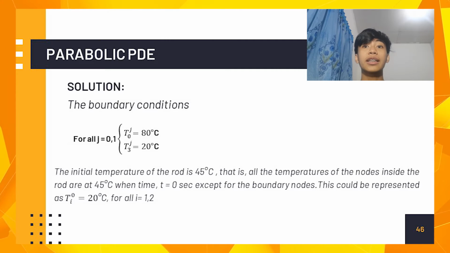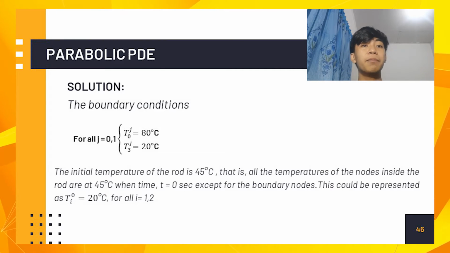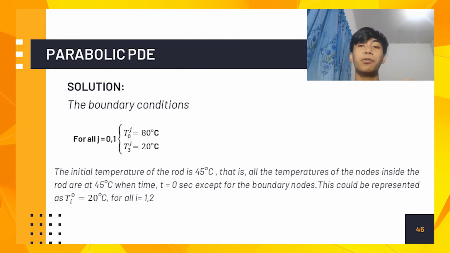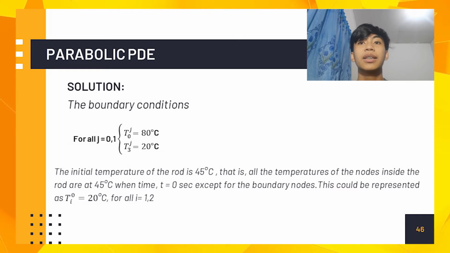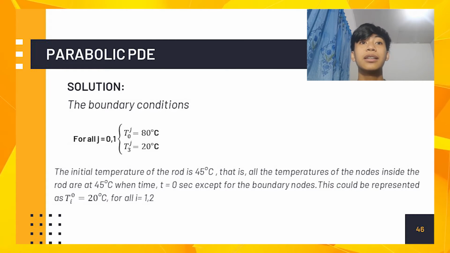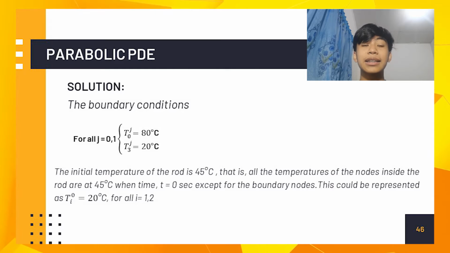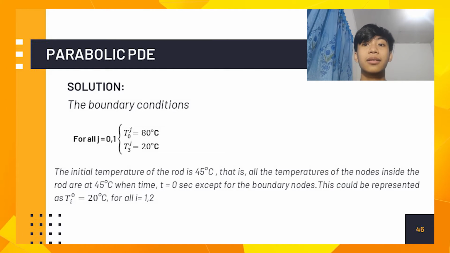That is, all the temperatures of the nodes inside the rod are at 45 degrees Celsius when time t is equal to 0 second, except for the boundary nodes. This could be represented as T raised to 0 sub i is equal to 45 degrees Celsius for all i is equal to 1, 2.